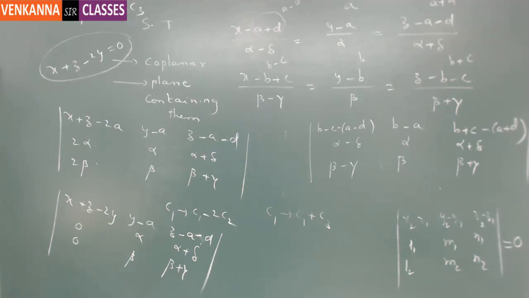Applying the same operation, C1 tends to C1 plus C3, if you take two common in the first column, the second column will be identical, so that will be 0. There is no need to evaluate the determinant. That's it. So let us take the other one then.